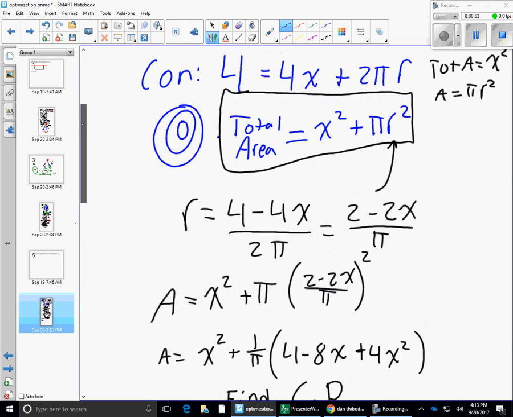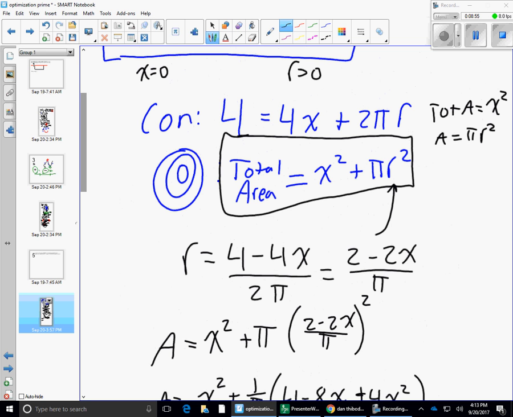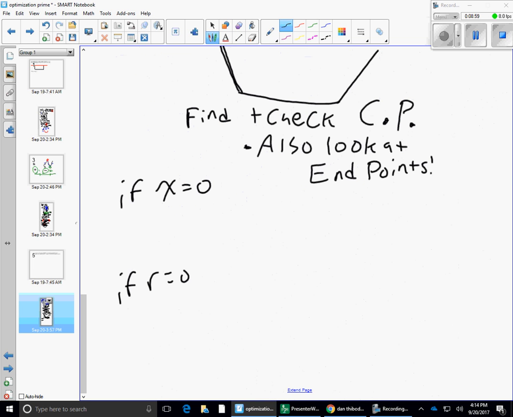So if x equals 0, looking back at the constraint equation, we have 4 equals 2 pi r, or more simply, then r equals 4 over 2 pi, correct? And if r equals 0, then we have x equals 1, because it would be 4 equals 4x.